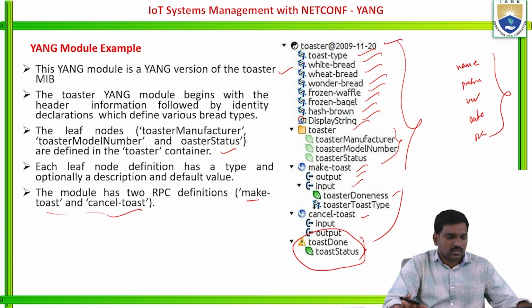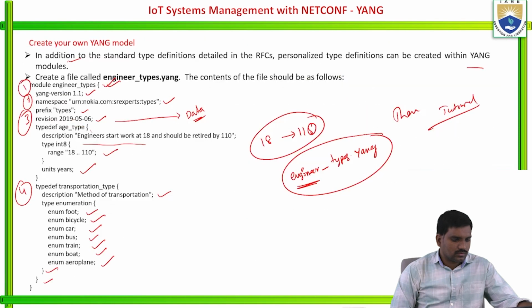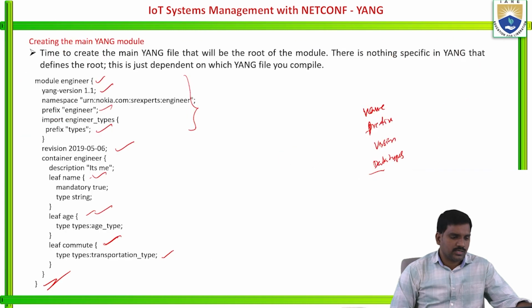Example of a YANG module. Previously we saw in real time how to create your own YANG module, and this is creating the main YANG module. It is the combination of all these things.